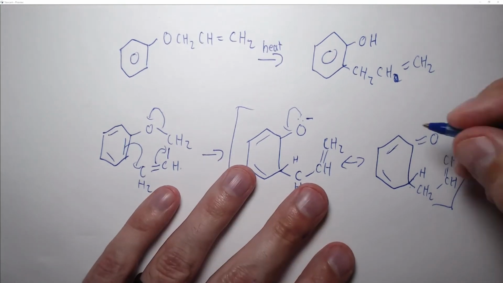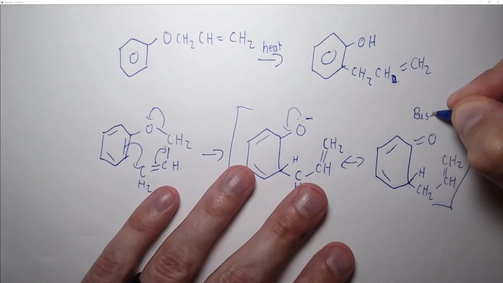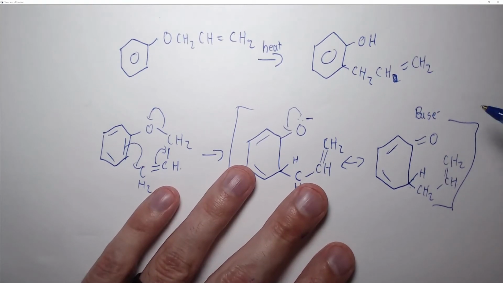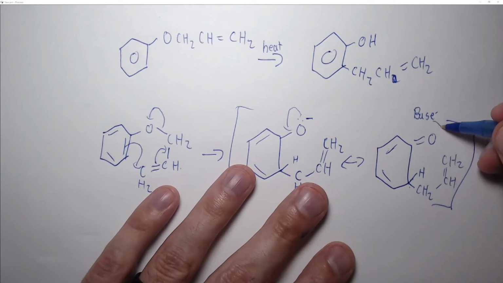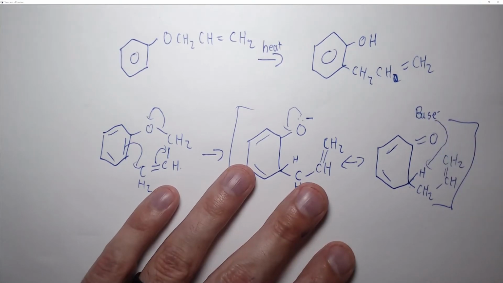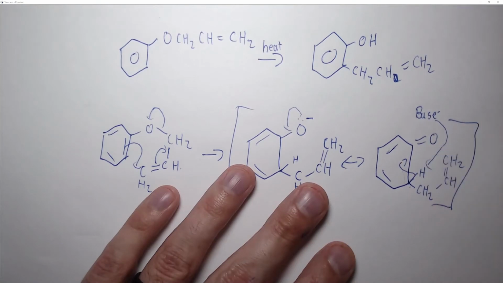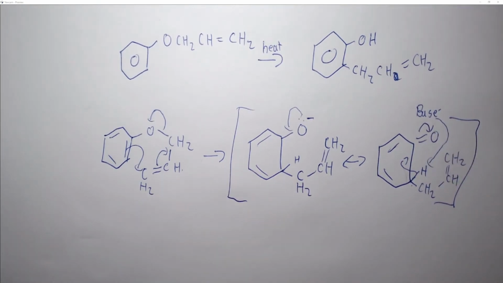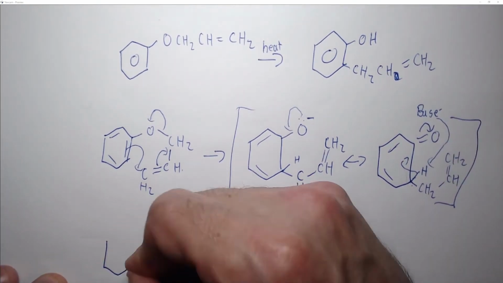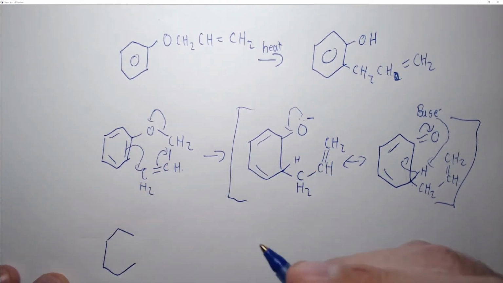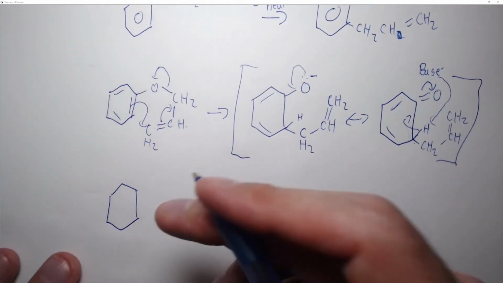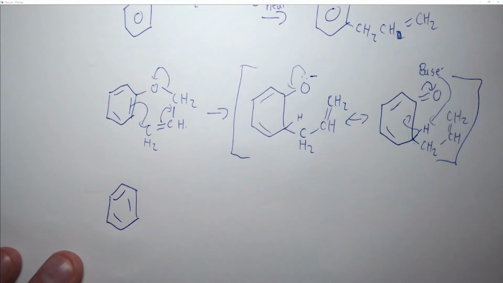Well, if we have some base minus here, anything that's capable of taking a proton, then what's going to happen is it's going to grab that. When it grabs that proton, this jumps back into here, and that jumps up onto there. And we've re-established aromaticity, which is very important for stability.